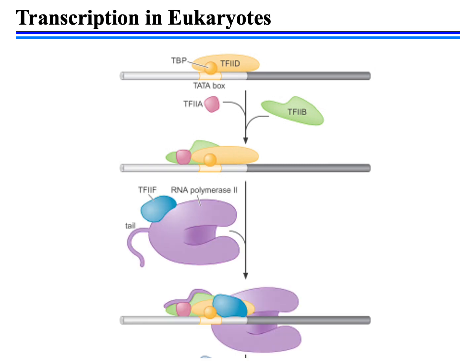So lastly, in this progression, you see the association of RNA polymerase 2 with TF2F bound to RNA polymerase 2. TF2F's job is to target the polymerase directly to the promoter. And as you can see, we're slowly assembling a multi-protein complex at the promoter site in order to initiate transcription.